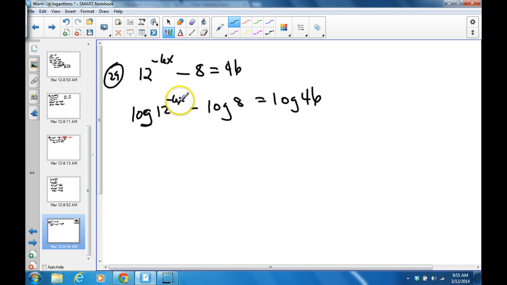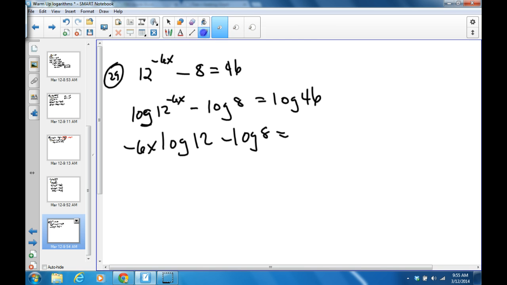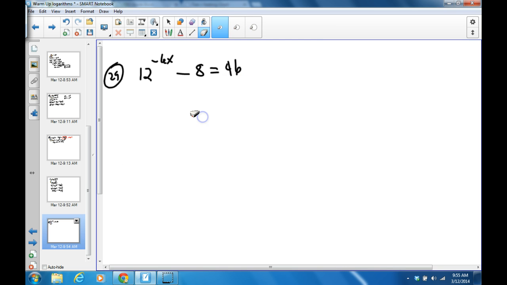Okay, so what do I do with this negative 6x here? You could do, yeah, you could. That would have been a lot easier. So let's go back and look at that. You're right. Sorry, PJ. So if I add 8 to both sides, this ends up being 54.